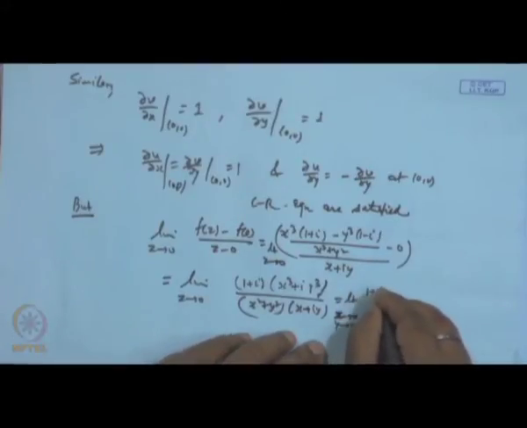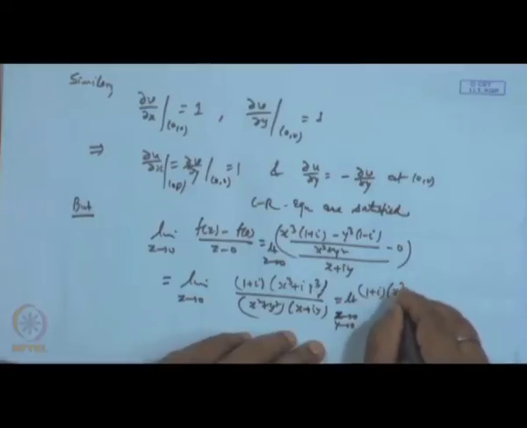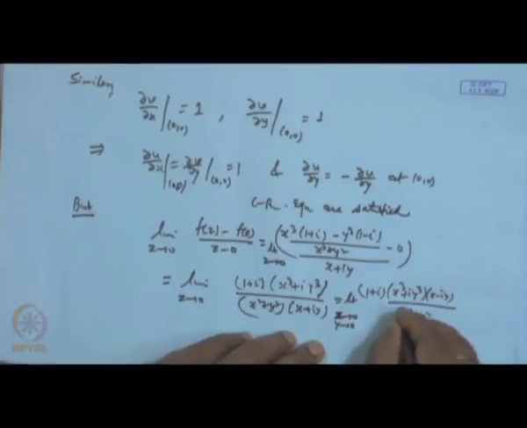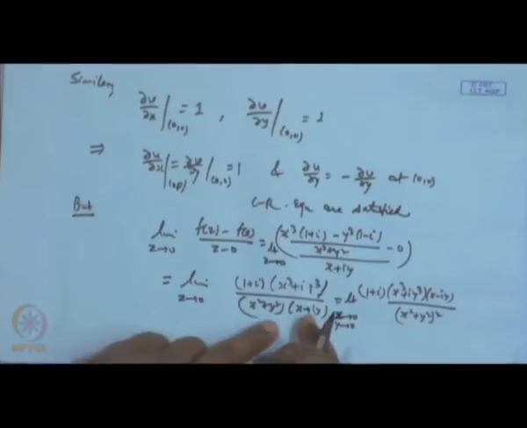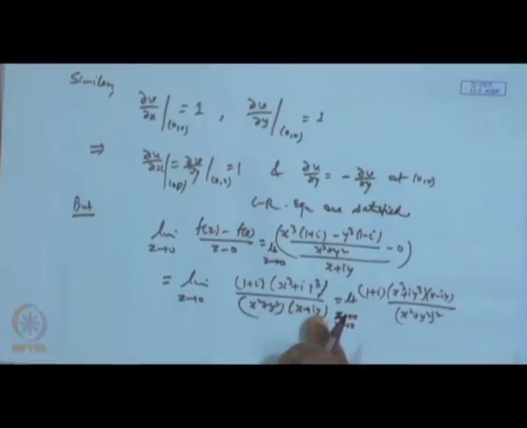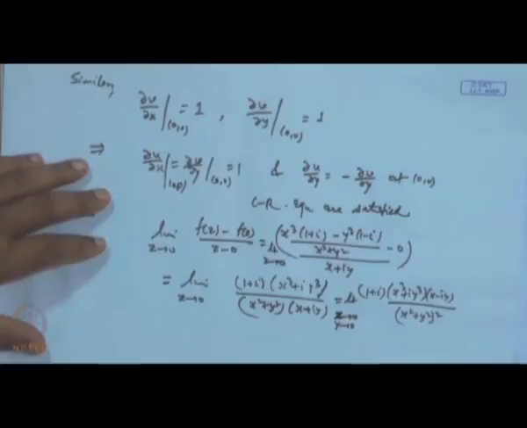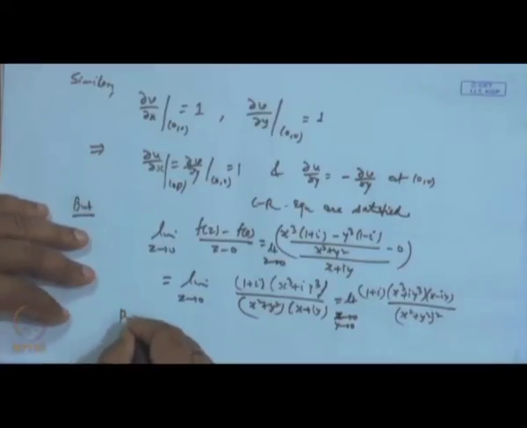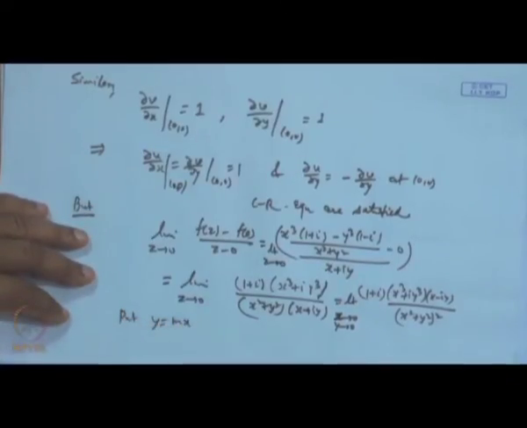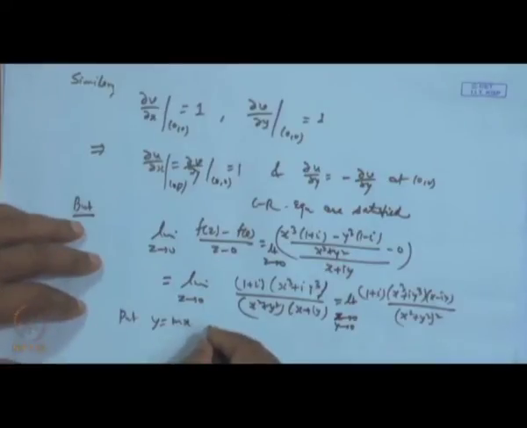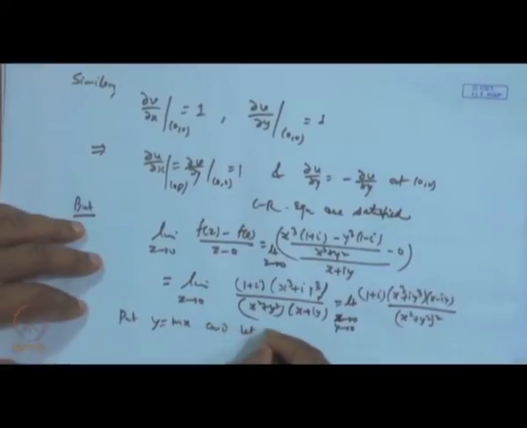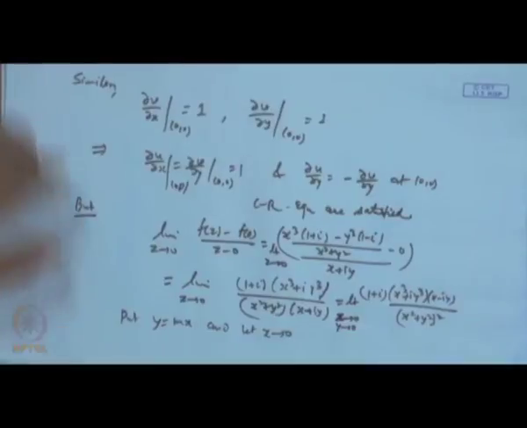So, (1 plus i) (x cube plus i y cube) (x minus i y) divided by (x square plus y square) whole square, because this is x minus i y times x square plus y square. So, it gives us a square. Now, substitute y is equal to m x and let x tend to 0.